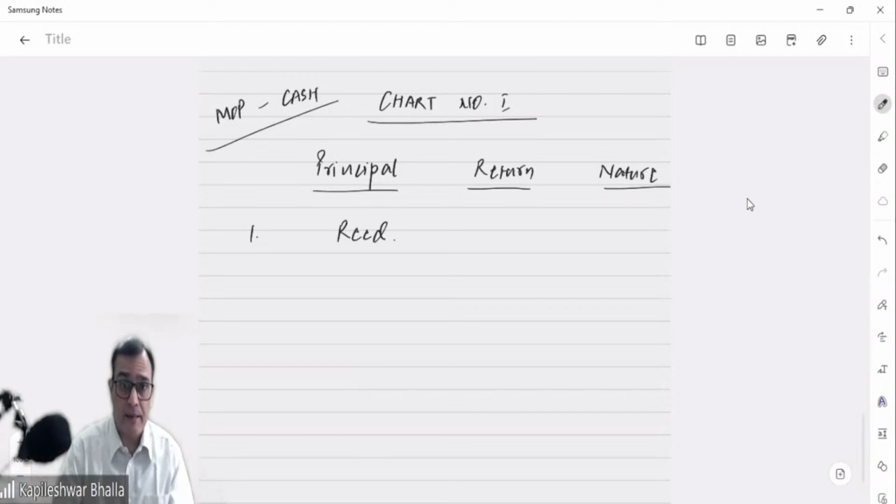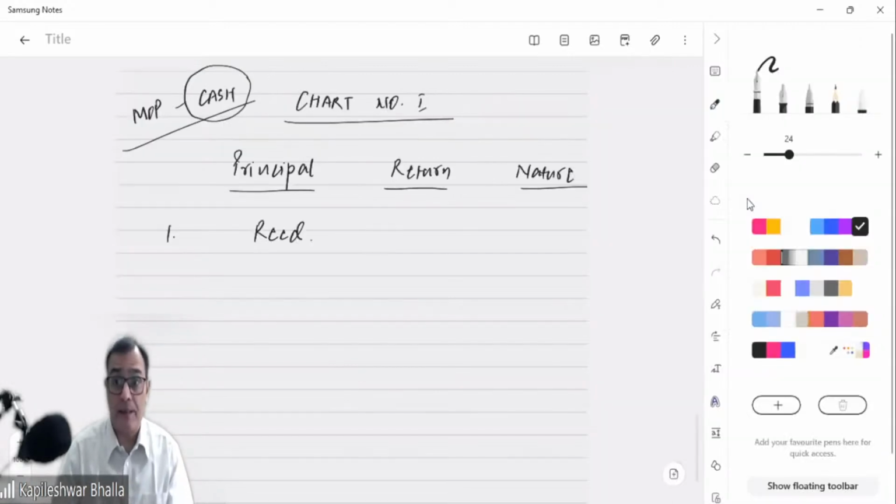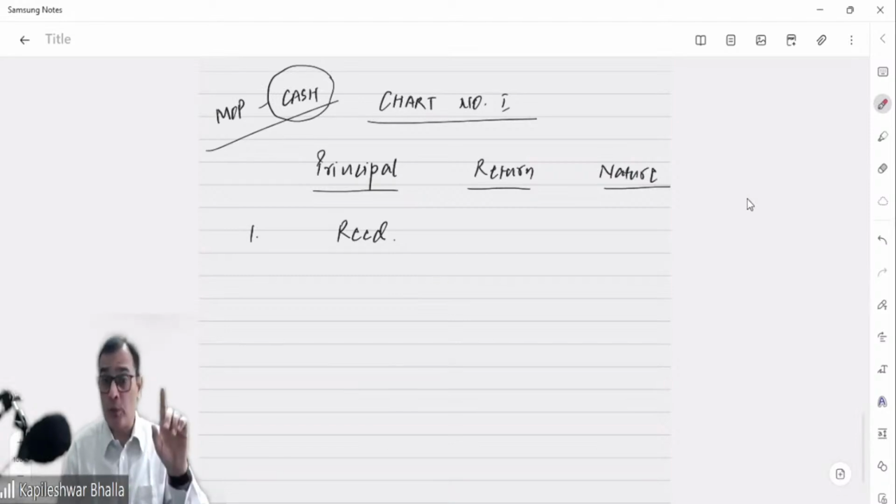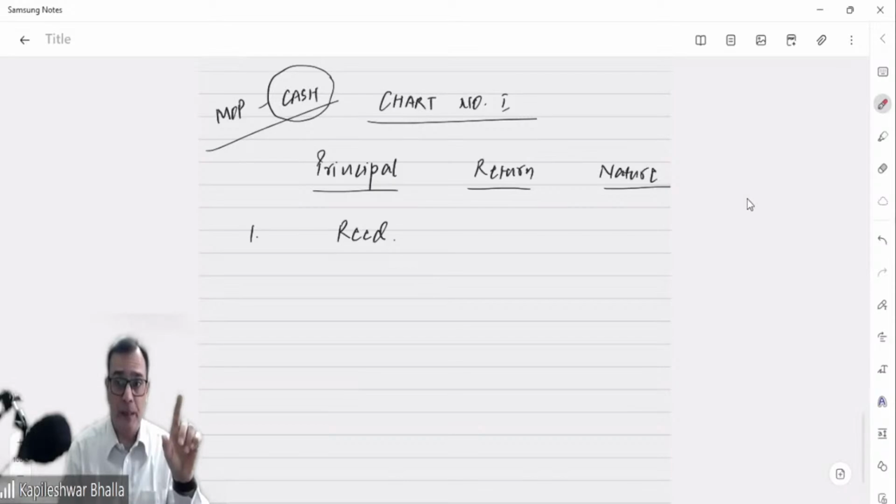Remember, when I say that there is a payment in terms of cash, it doesn't mean that it is supposed to be a financial liability. What is important is to consider that there is an unavoidable obligation to pay. So when you say that it is redeemable in nature, there is a predetermined date when you're going to make the principal payment.